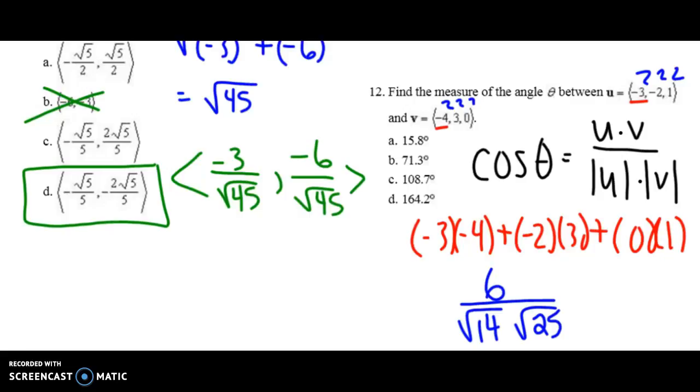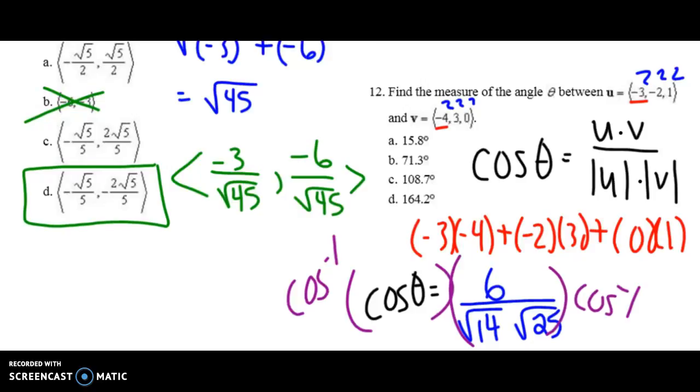Okay, and then since we know that the cosine of theta equals this, we can do the inverse cosine of that, and I put it right into my calculator. And I find it to be 71.3 degrees.